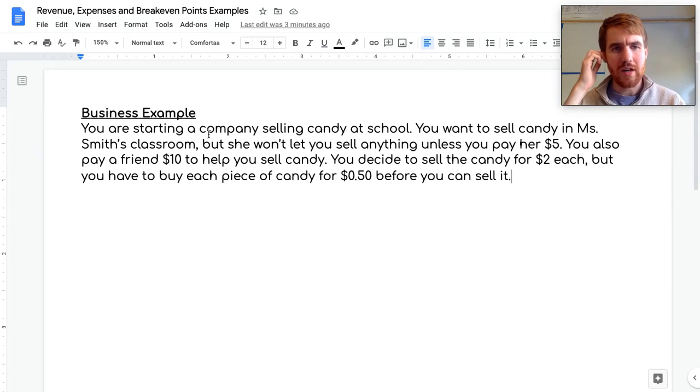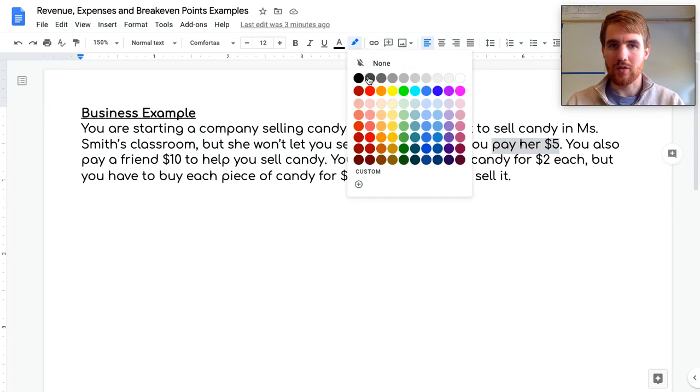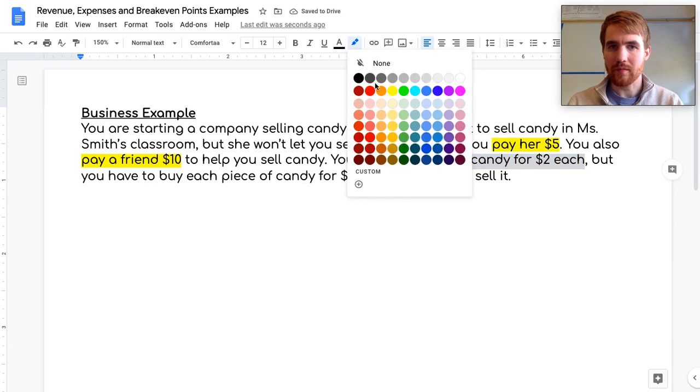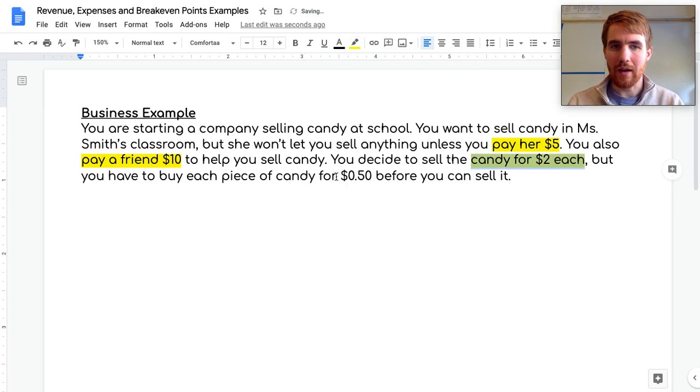So let's just go through and highlight the information that we think is important. So we have to pay Miss Smith $5. That seems important, so I'm going to highlight that. We decided to pay a friend $10, so I'll highlight that. The candy is $2 each, and we have to buy each piece for 50 cents.